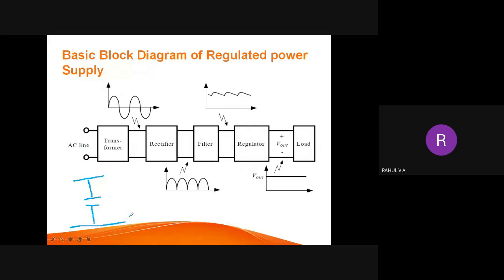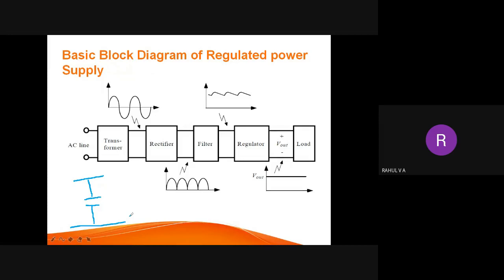For the regulator circuit, we sometimes use a transistor, sometimes a Zener diode, which are different types of diode, or some other circuit for converting the output voltage to a constant DC voltage. Okay, so with this we will end this module.